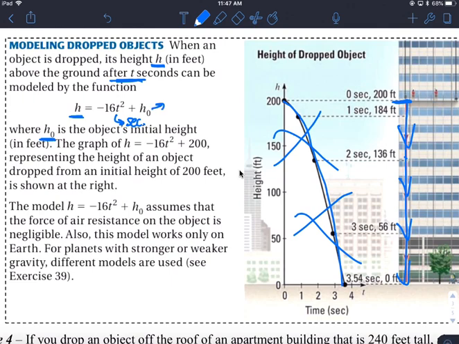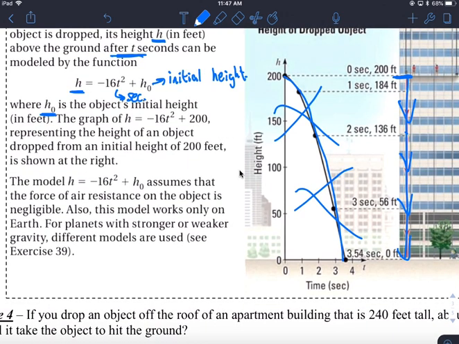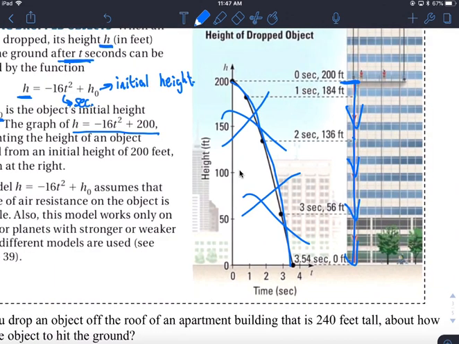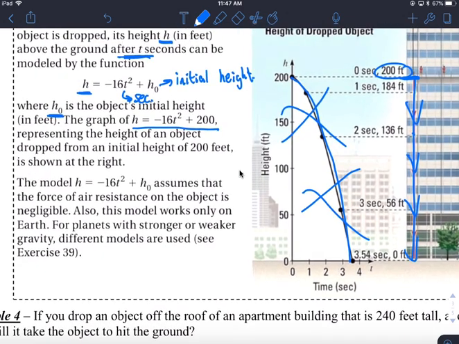So h sub 0 is initial height. So the graph of h equals negative 16t squared plus 200 represents the height of an object dropped from an initial height of 200 feet, which is right here. That's what the picture is saying. So the initial height here was 200 feet. That's why they changed h sub 0 to 200 feet.